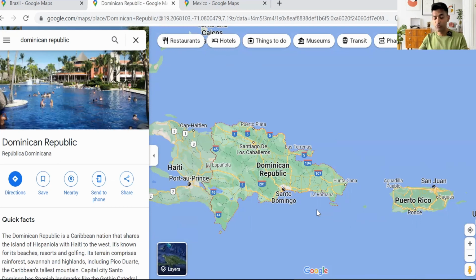I like Punta Cana more. When you're considering the safety, my favorite pick would be Punta Cana. I'm not saying Santo Domingo is any less. It's a great option for people who like city lifestyle. But if I have to overall consider one of the two, then I would prefer Punta Cana just because from an overall lifestyle perspective.